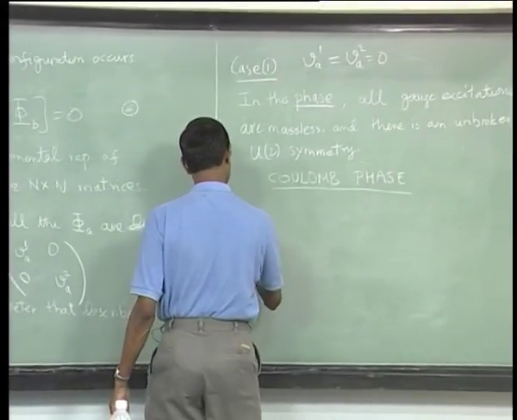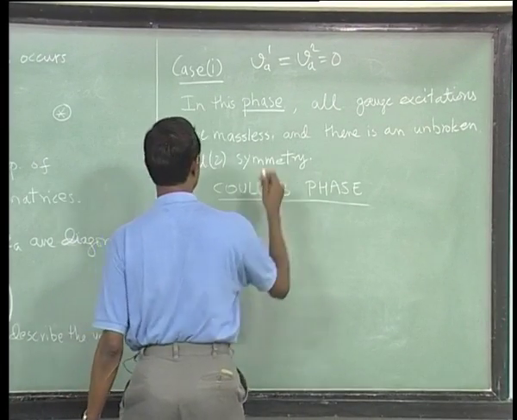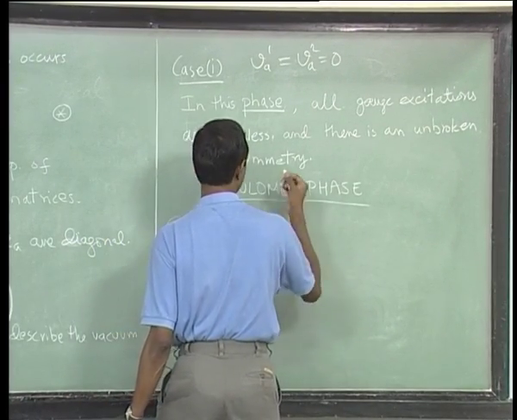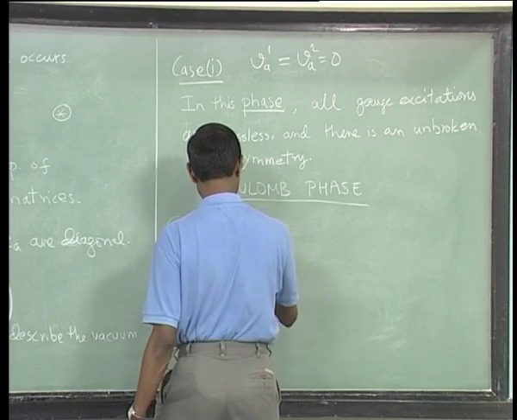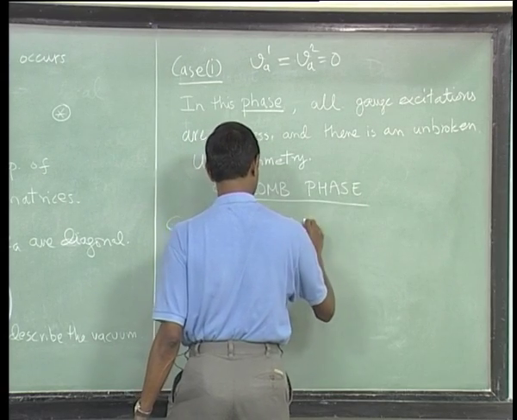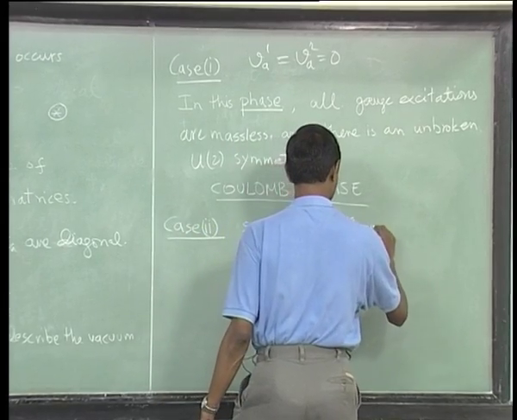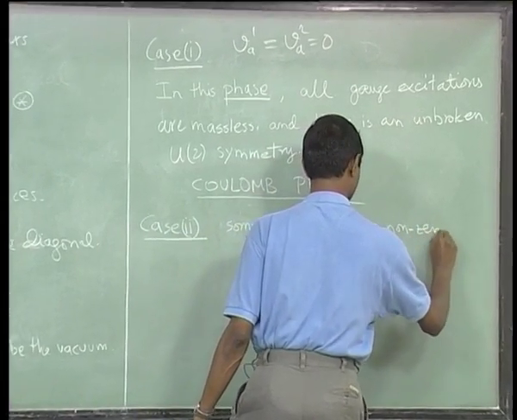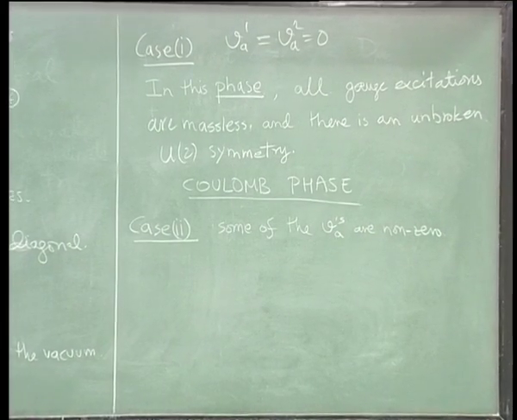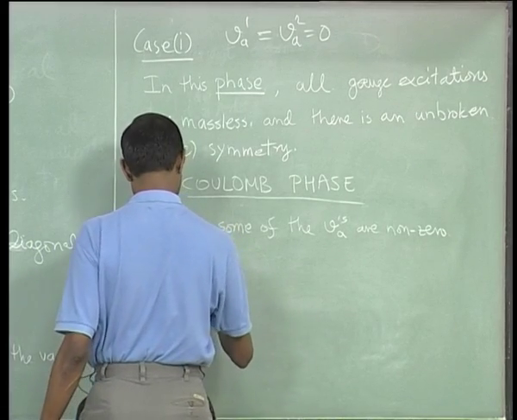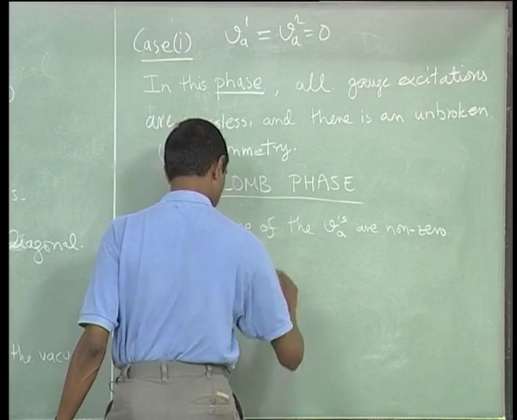Case 2 is when some of the V_A's are non-zero. In particular, let's choose phi_A, just as an example of this kind.